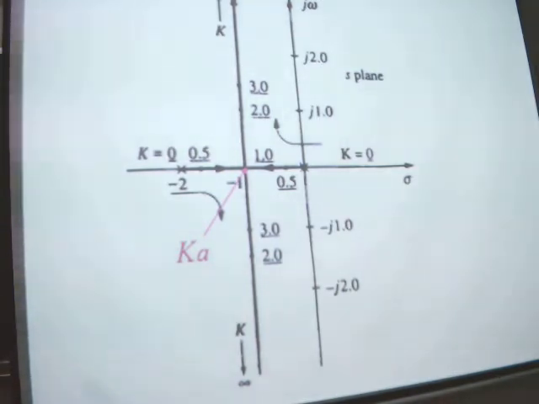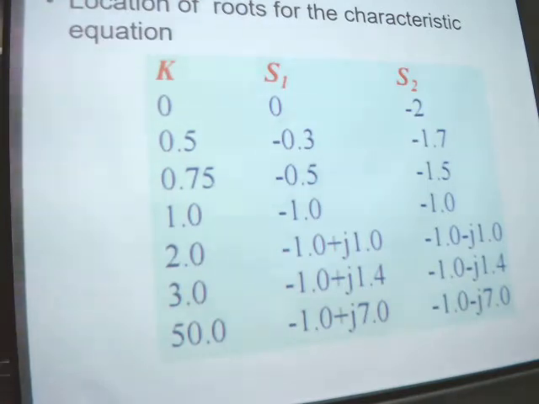Now we can explain this. When the value of k is changed, S1 and S2 all change, we can see here. When k is 0, S1 is 0, S2 is minus 2, and when k is equal to 0.5, S1 is minus 0.3 and S2 is minus 1.7, and so on.